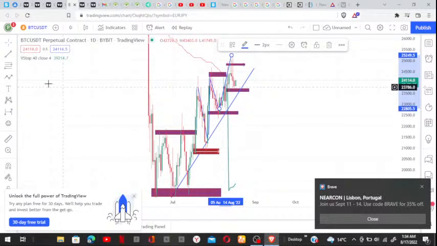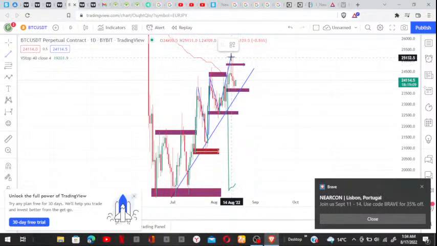And this can literally also tell you the strength of the market while going up. So this is what just happened.